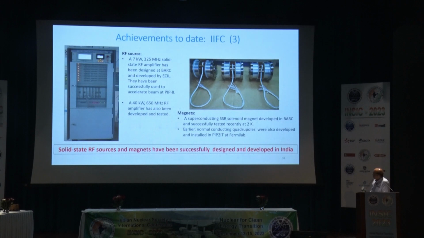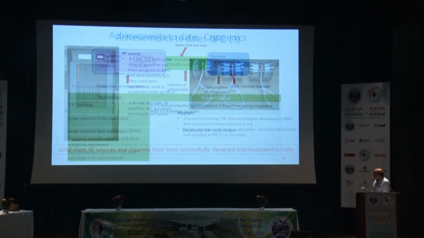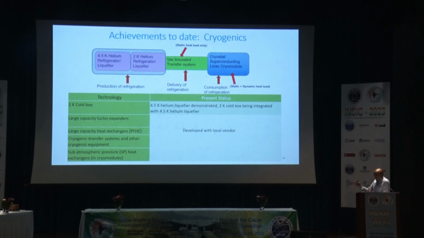For magnets, we have developed both superconducting type as well as normal conducting type at BARC. They have been supplied to Fermilab and these are being used in their accelerator. So all these technologies which are required for our future program have been developed as standalone components. Some of them have been integrated to their accelerator. The challenge will come from integrating these to our accelerator in future.